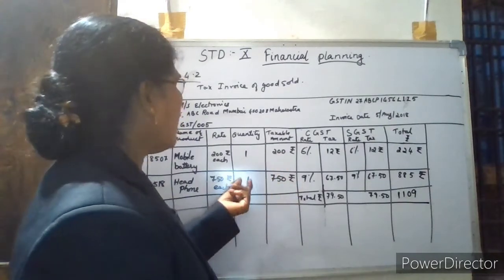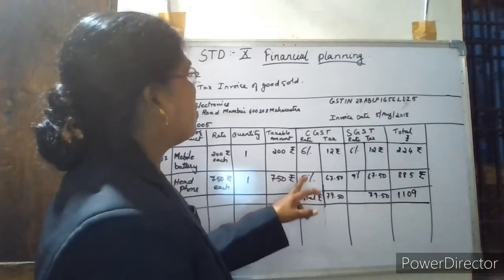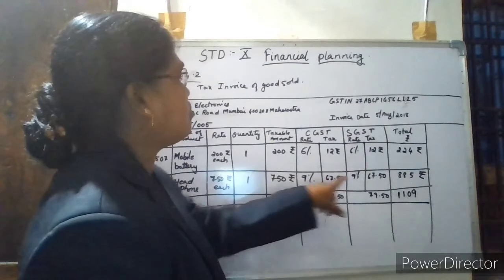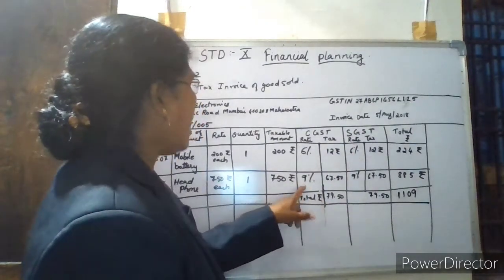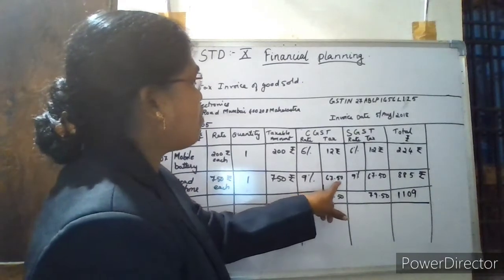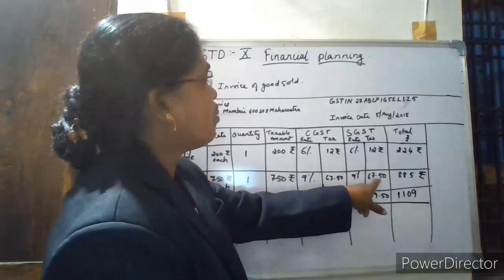But only one item is given, so it is only 750 as it is. Then the rate of GST is given as 18%, so it is 9% CGST, 9% SGST. So 9% of this 750, if we calculate, we get 67.50. Again here also 67.50.